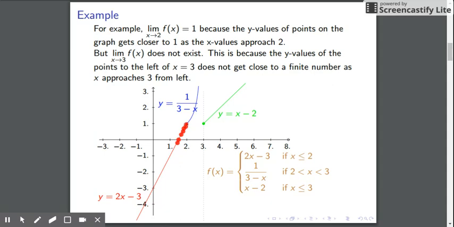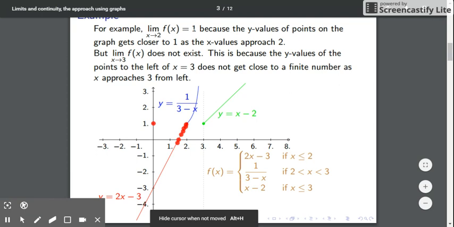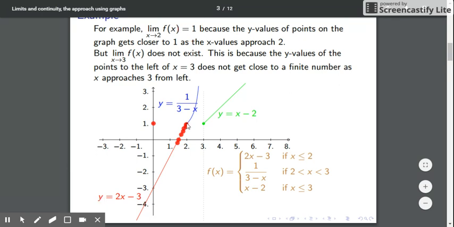You're arriving at this point at x equal to 2, and that's the limit of the function as x is approaching 2. What is that? That's the y value, f of 2, equal to 1. And that's what we're showing in here.